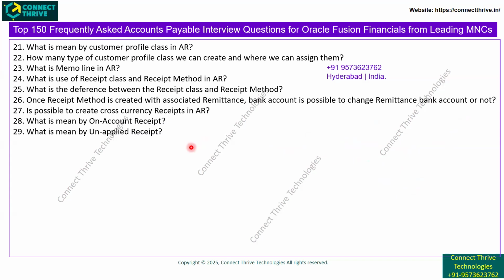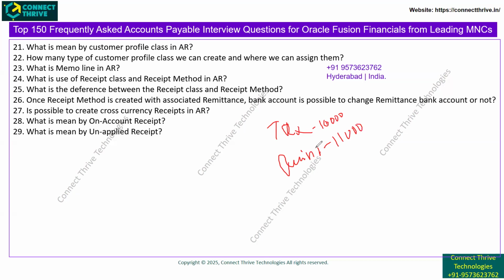Next, unapplied means, it's simple. Let's assume our transaction amount is 10,000 and our receipt amount is 11,000.